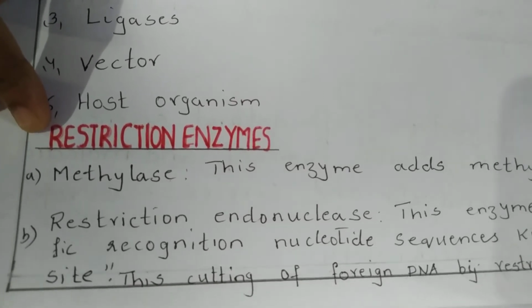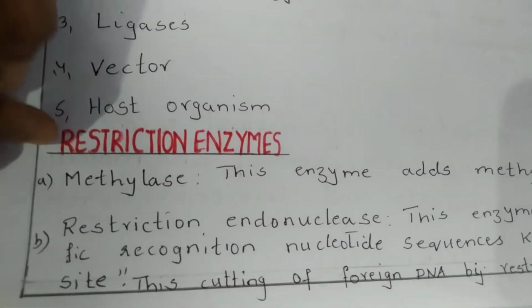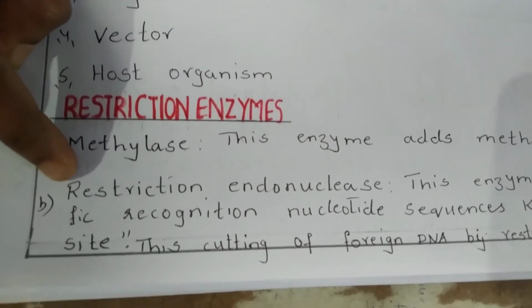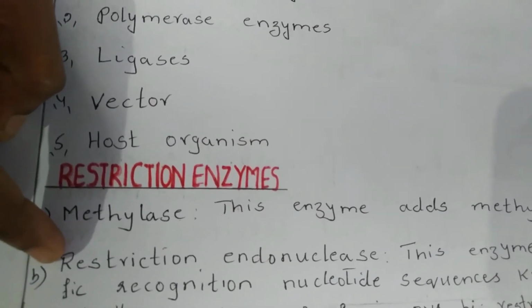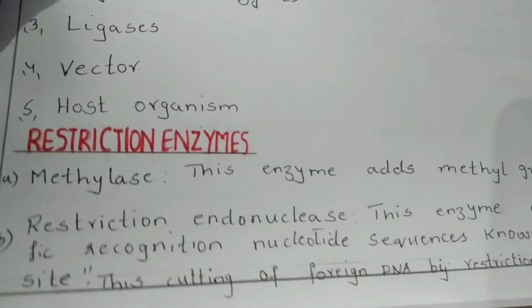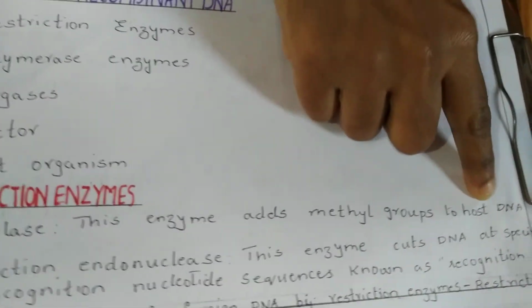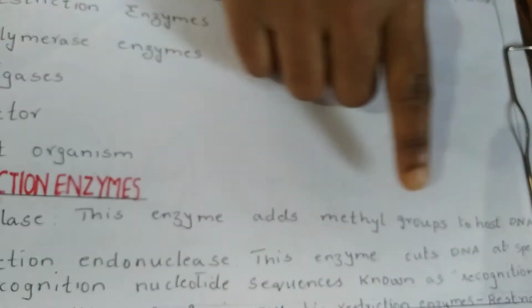E. coli cells do not allow the bacteriophage to grow in them because of the presence of two enzymes, called methylases and restriction endonucleases. Methylases are the enzymes which add methyl groups to the host DNA, thereby protecting the host DNA from restriction enzymes.